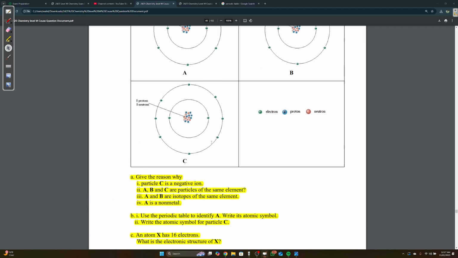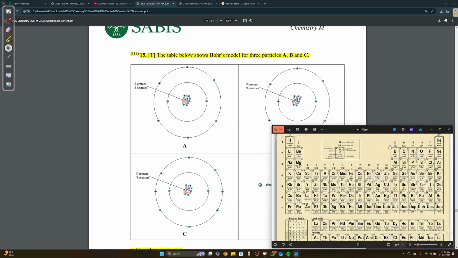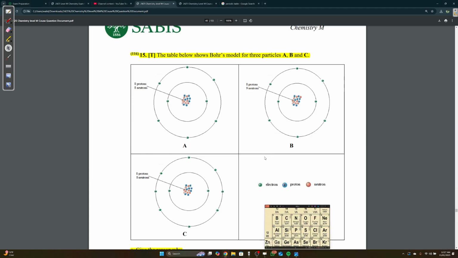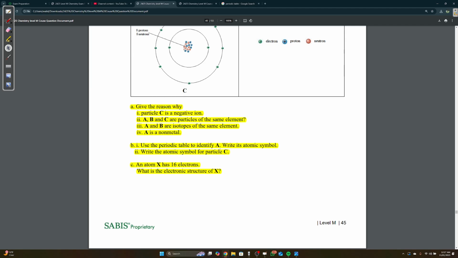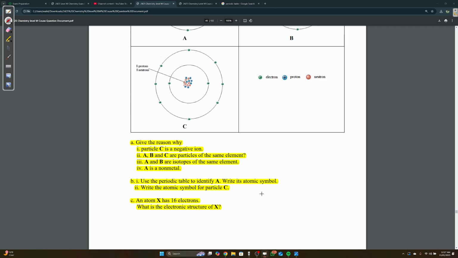Part B, use the periodic table to find A. Obviously, 8 protons, so it's oxygen, right? Write the atomic symbol for particle C. It's 8 protons, so it's oxygen. But you don't say 8, 16. Why? Because it has how many electrons? 1, 2, 3, 4, 5, 6, 7, 8, 9, 10.